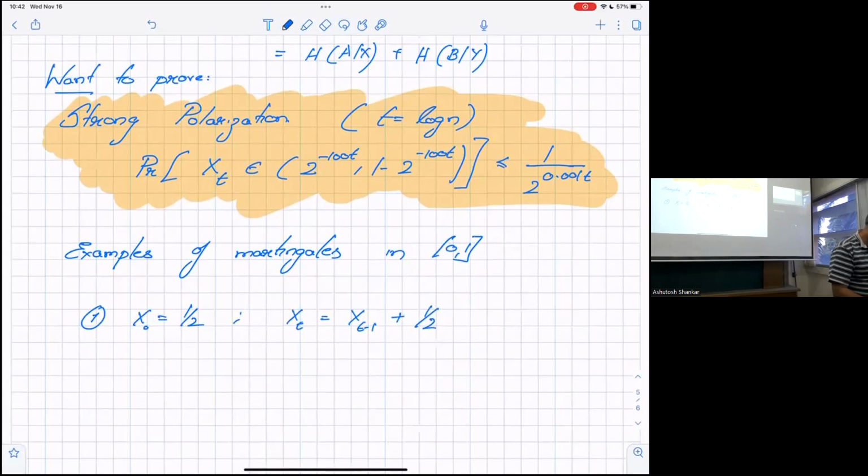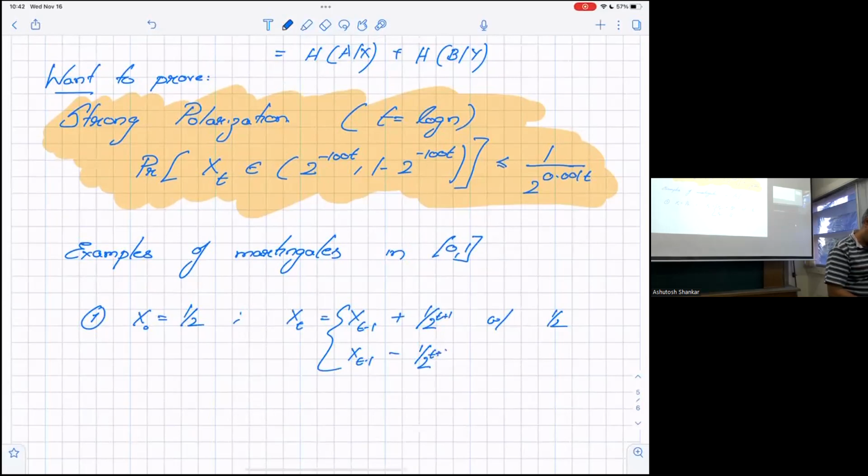T minus 1 or t minus 2? Xt minus 1 minus 1 by... that should be t. What should the number be? 2 power t, or in fact t plus 1, yeah.